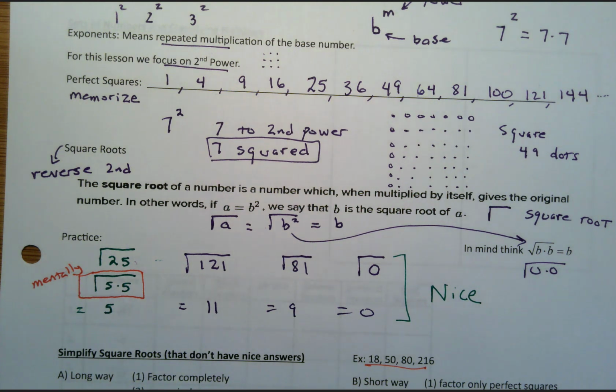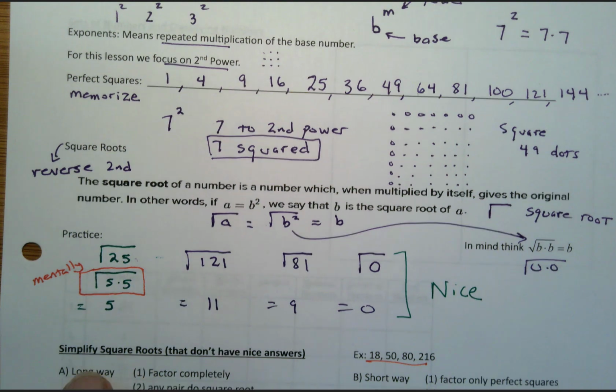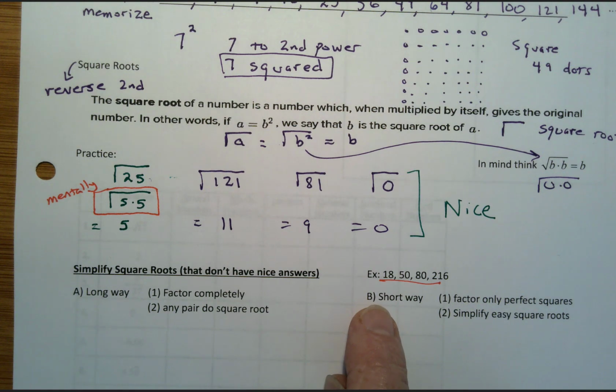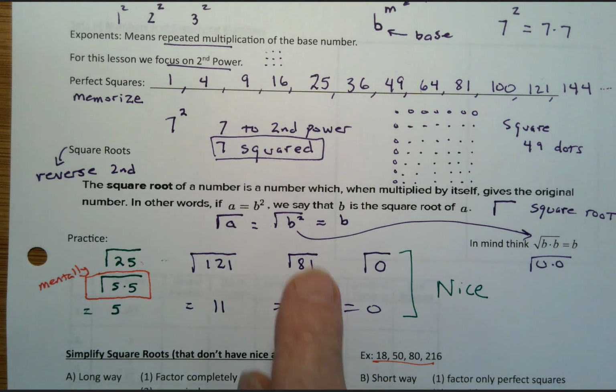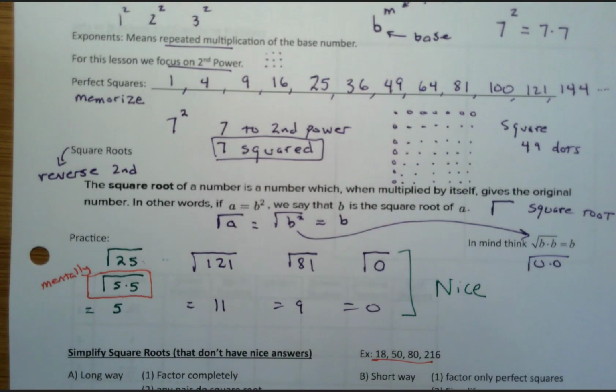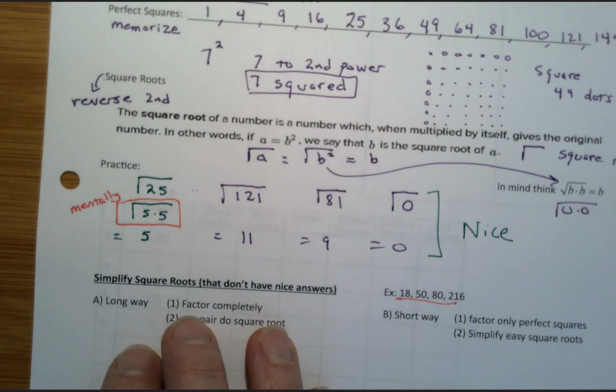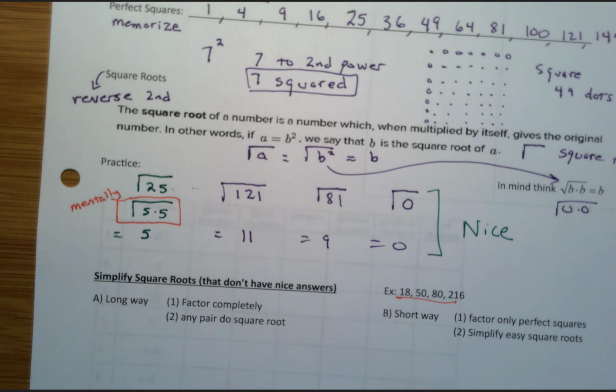Some people have to work at it more, and it's safer if you don't have that number sense. That number sense will develop as you practice more and more, and you can switch from the longer way to the shorter way once you start getting it. But if you don't get it right off the bat, the long way works too. When I say long way, it's not that much longer, just a little bit longer.